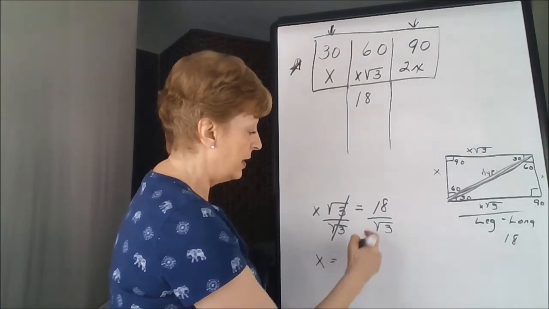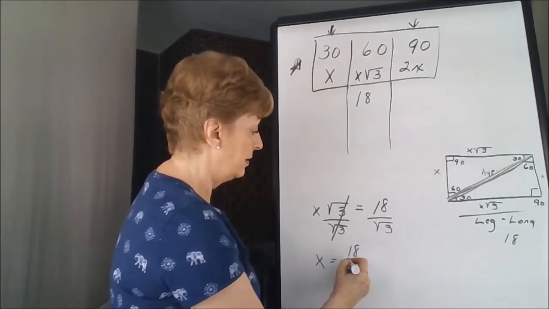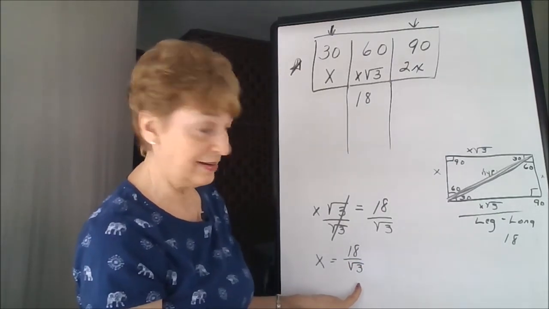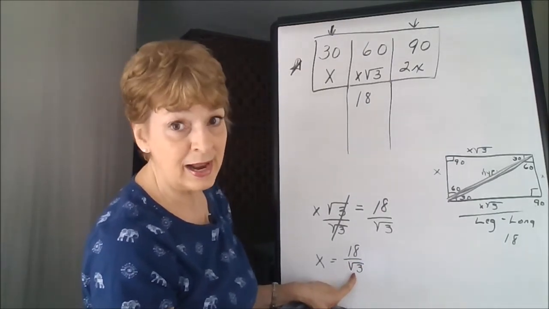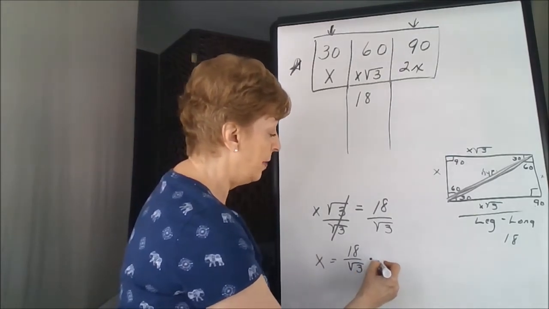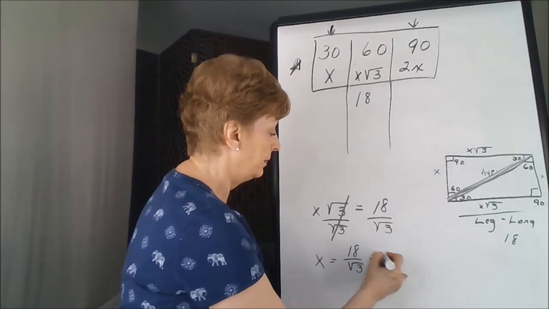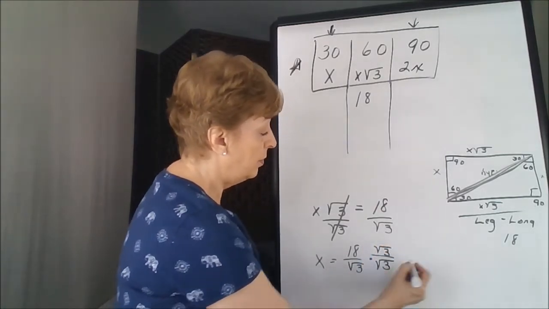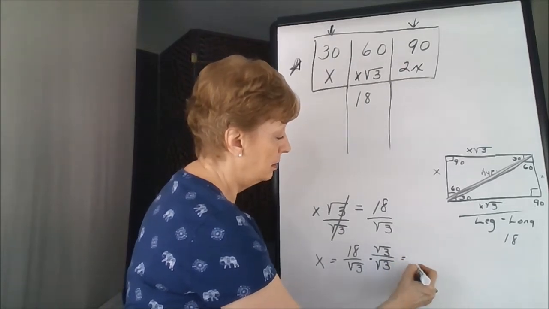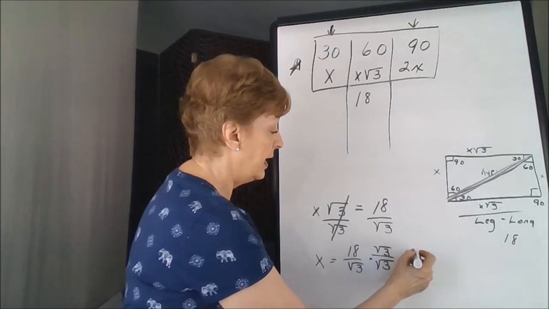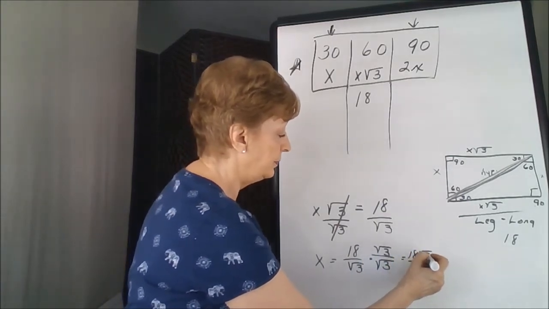So as soon as we can solve this part, really at this point all we need to do is simplify it. Since we cannot have a radical in the denominator, we're going to have to multiply by itself, top and bottom. This turns into a 3. And the numerator is 18 radical 3.